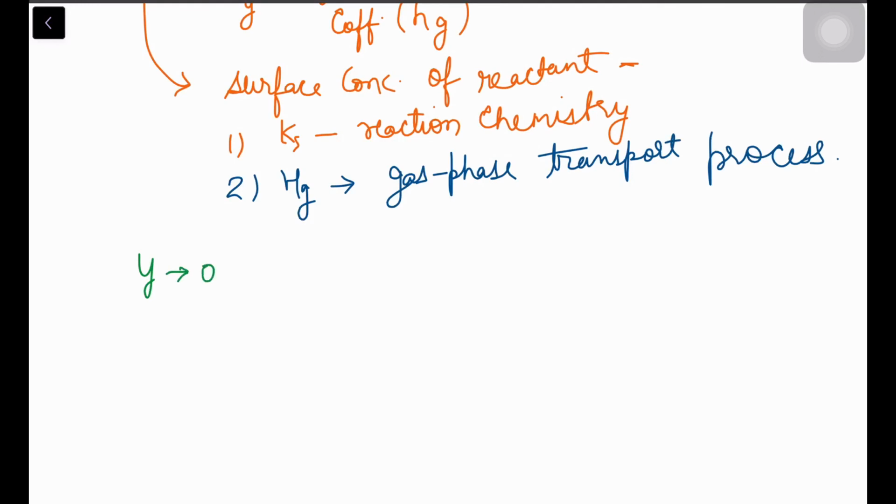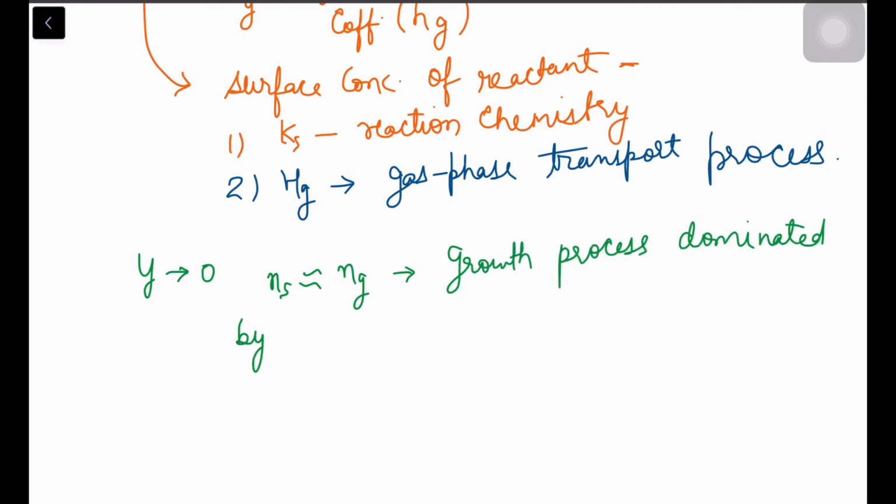What if Y approaches 0? If the thickness of the boundary layer is equal to 0, then the surface concentration of reactant is approximately equal to Ng. So the growth process will be dominated by the surface chemical reaction, which indicates growth dominated by surface reaction chemistry.